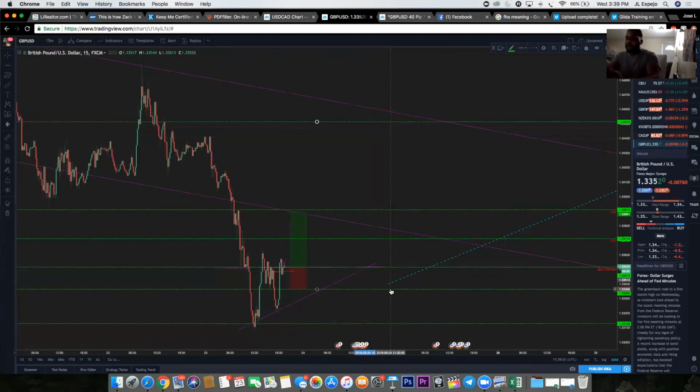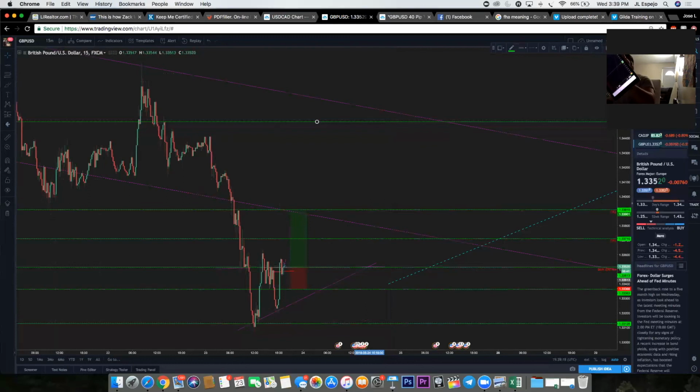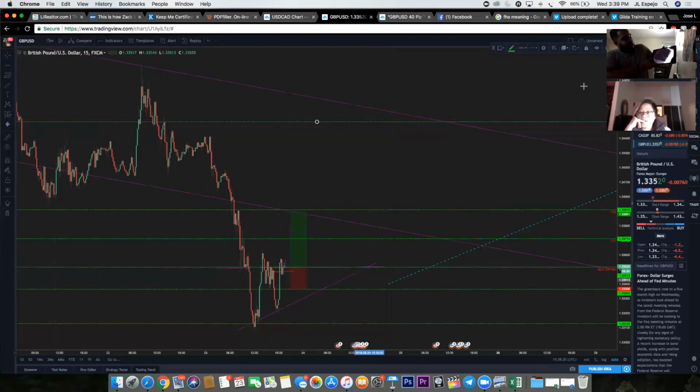I usually have my iPad with me or my phone, and on the app, let's say I go to GBP USD. The same chart that I'm looking at and the same time frame that I'm looking at on my computer screen is going to show me on the iPad.